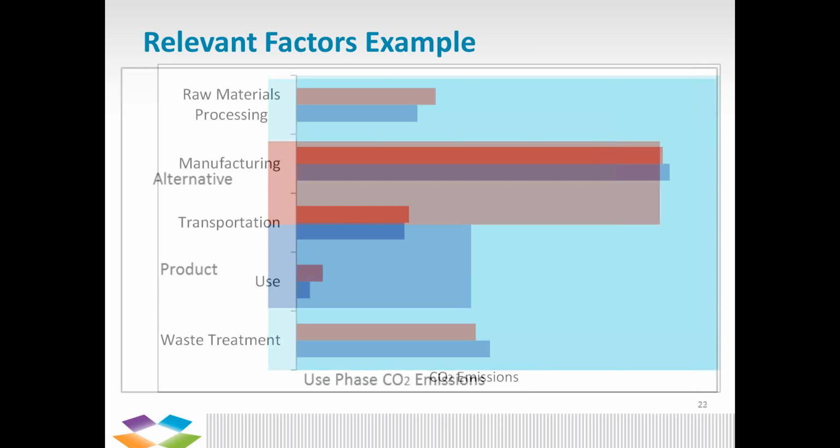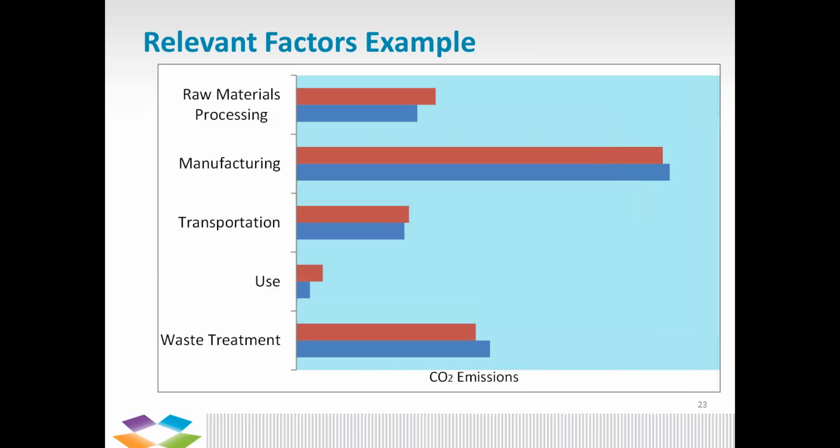But then you go on and say, is there a material contribution overall of CO2 between your product and the alternative you're looking at? When you look across the life cycle, you might see that, in fact, in total, the significance of the CO2 emissions in the use phase is trivial.